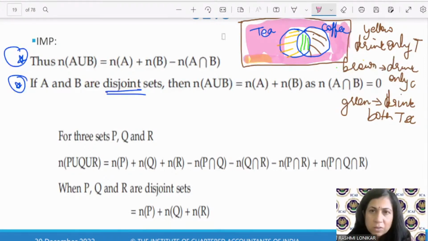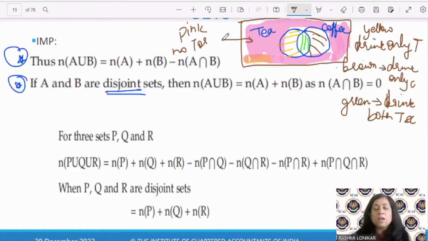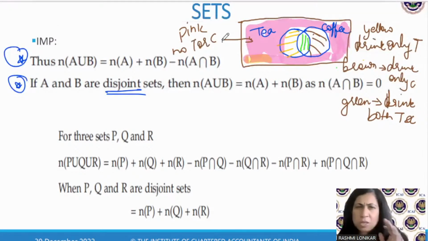So these people, the pink, no tea or coffee. This is the concept that you must have in your mind. Then only you will be able to use this formula and do it.